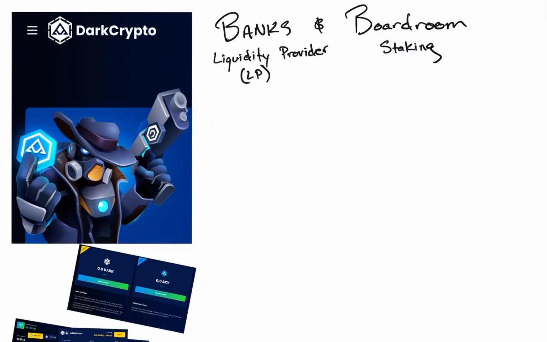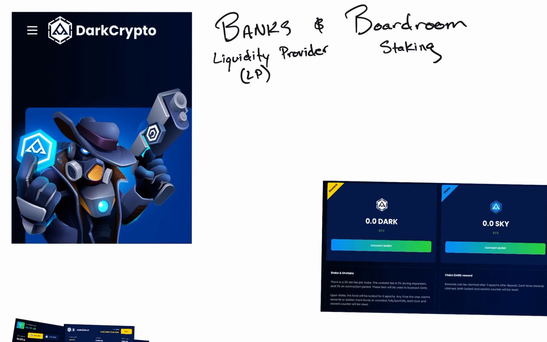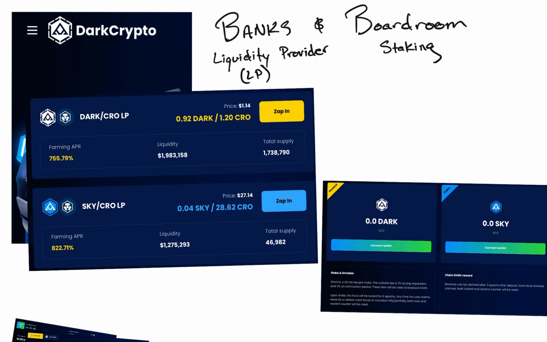Just another little rundown of how the ecosystem works. So once again, let me just throw these back up here. So you see, you, the user, provide liquidity. You can zap in on the homepage. Remember that. Cheaper than going to MMF and exchanging and doing all that. You, the user, provide liquidity.